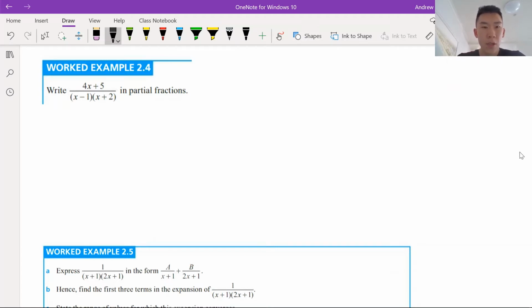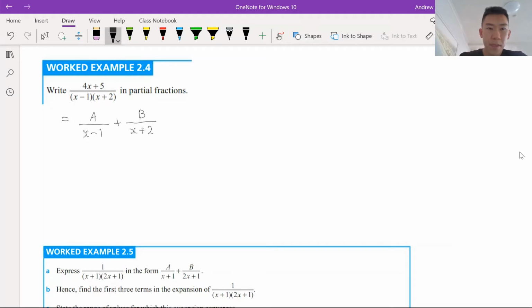So what we can do is split this fraction up into two fractions, one with a denominator of x - 1, one with a denominator of x + 2. Now, we don't know what the numerators are going to be, so we just give them constants for now, A and B.